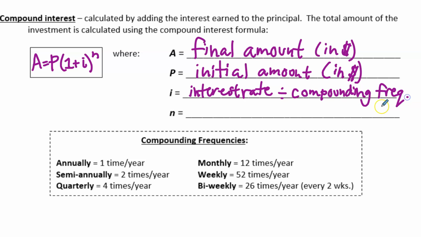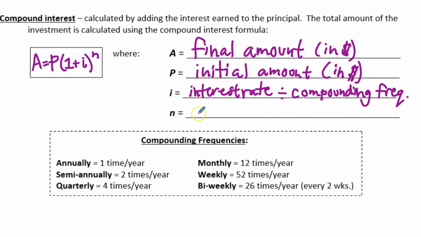Okay, so what that means is different accounts offer different compounding frequency, which means how many times a year interest is added to the account. Okay, so I've given you a little box here that tells you what all of the words mean. We've got annually, semi-annually, quarterly. It just tells you how many times per year the interest is going to be added.